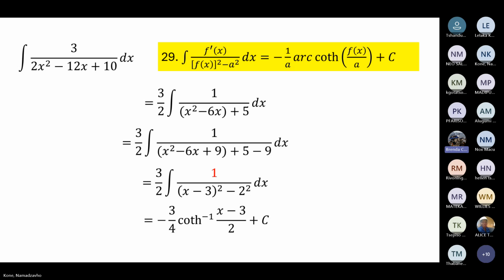That's what I ended up having in the denominator. Wait. So this is what we are having: x squared minus 6x plus 5. And if you take this one, it is x minus 5 into x minus 1, it gives us this one, isn't it? Yes. Okay. Now what you are saying to me is correct.